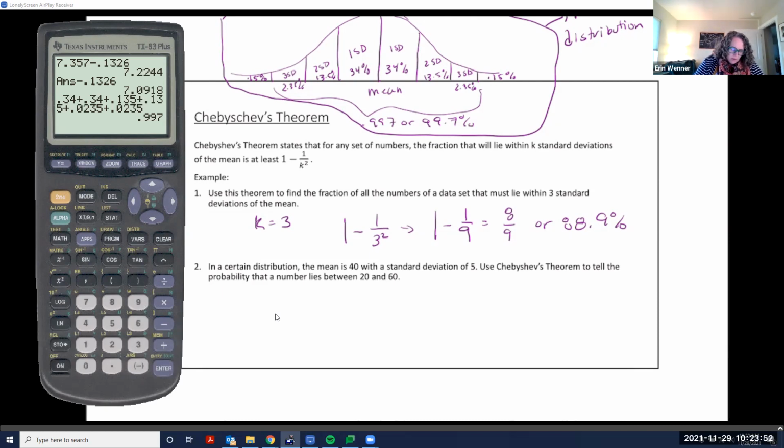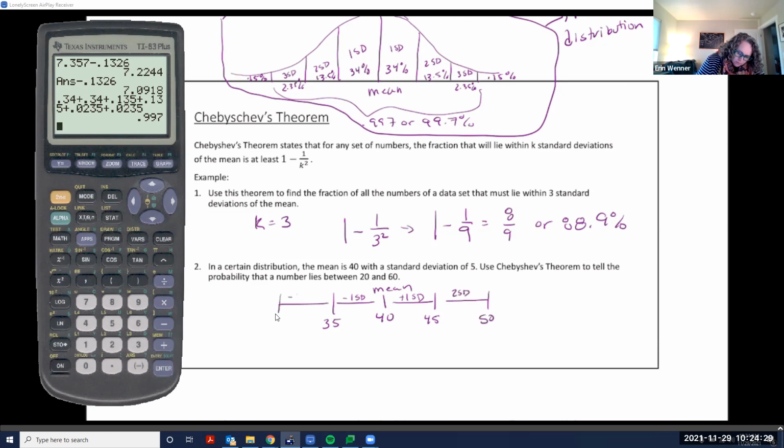So we first need to look at what this data is doing. If we have our mean right here, and it's 40, if we go 1 standard deviation in each direction, with a standard deviation of 5, that means we're adding 5 on and subtracting 5 off. If we go another one, so this is 2 standard deviations, we hit 50.